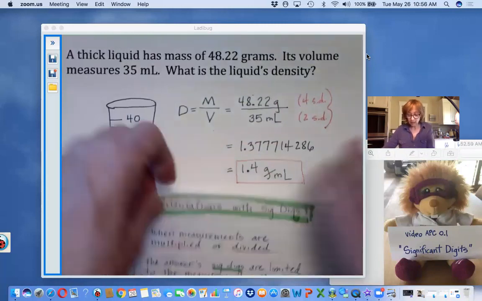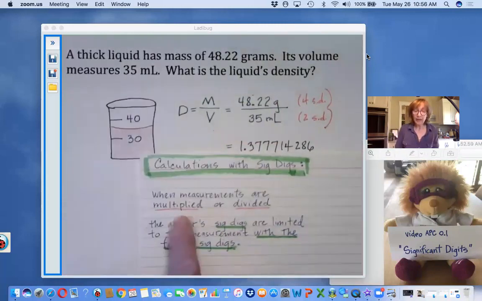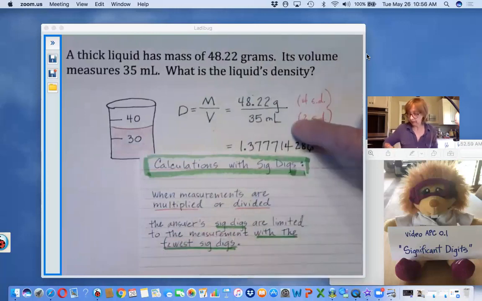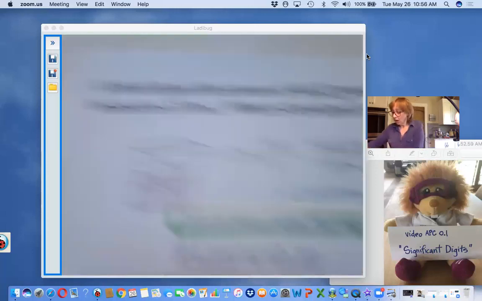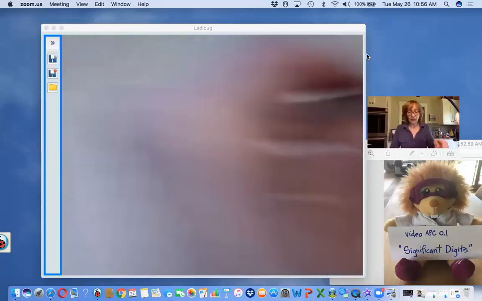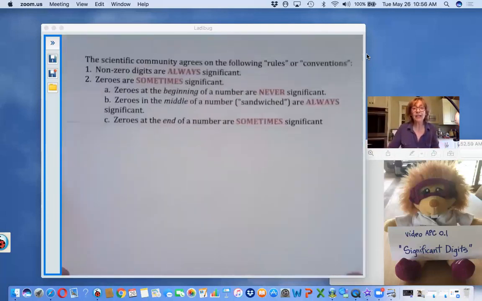So again, when you are multiplying or dividing, your answer's SIGDIGs must be limited. You're going to do some rounding, so that you come up with an answer whose SIGDIGs match the measurement with the fewest.